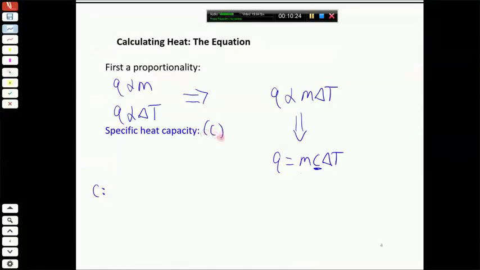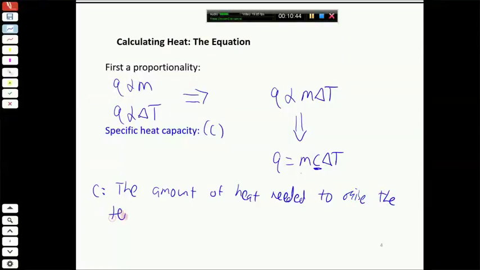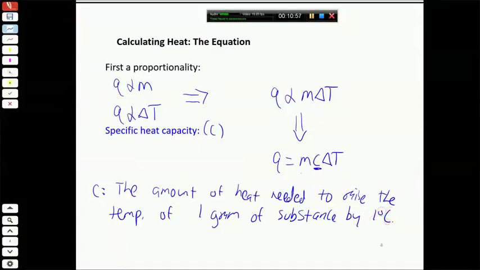It's the amount of heat that's required to raise the temperature of 1 gram of substance by 1 degree Celsius. So it's the amount of heat that you need to put into a substance to raise its temperature by 1 degree Celsius.